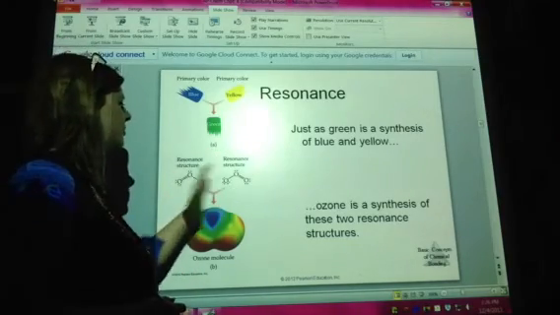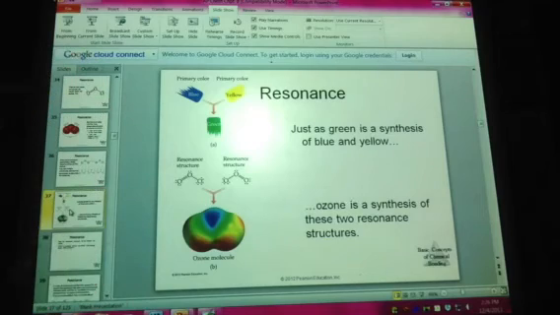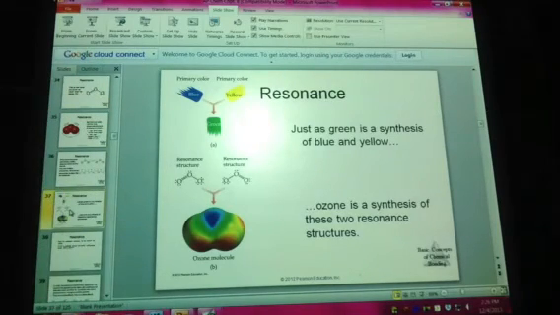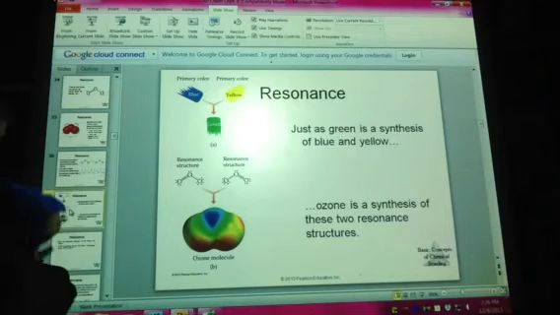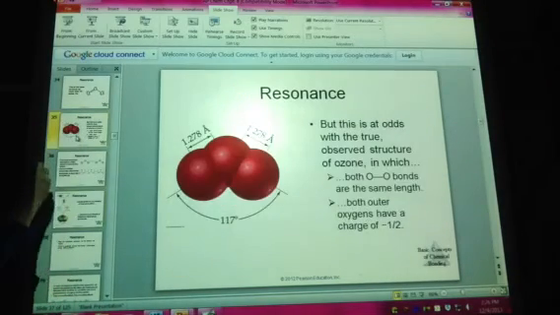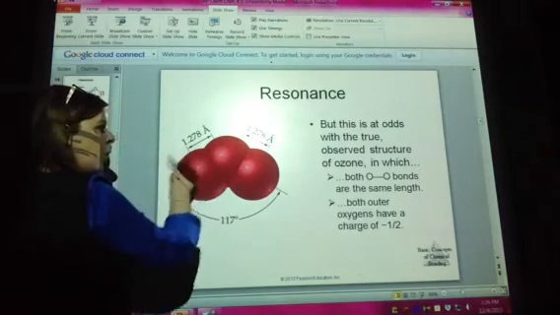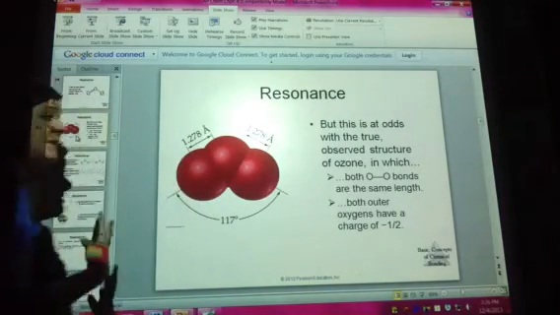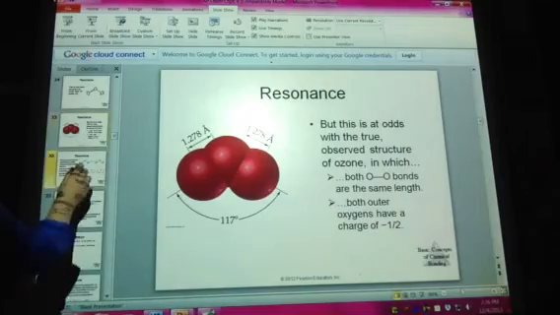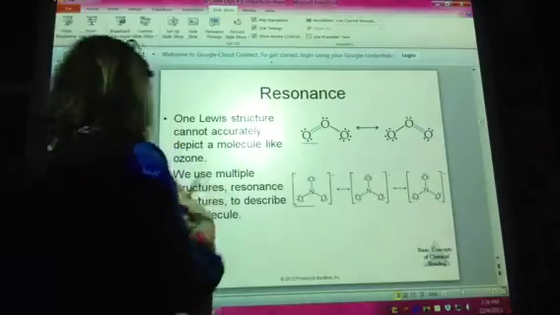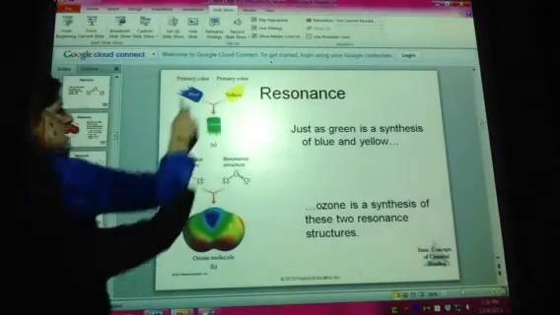If I'm thinking about those resonance structures, it's actually like a synthesis of these two. It's like taking the average of these two, which is why I get the distance between those two O bonds to be the same. In this resonance structure, I'm really taking both of these into account, meshing them together, which is what we see here.